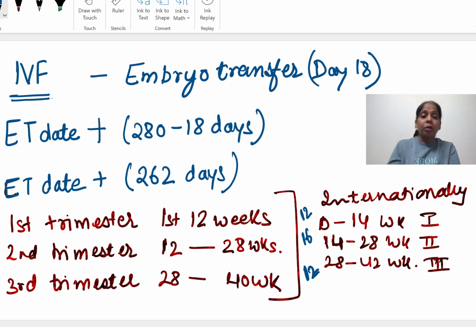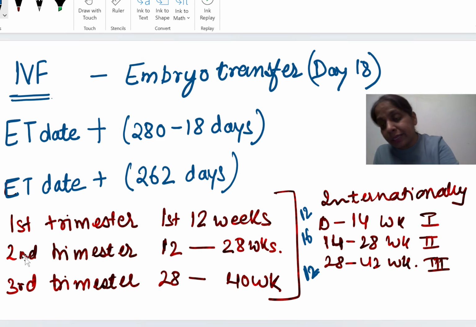Because in the other option it was given that EDD is calculated from the last day of the LMP, which is totally wrong. In that question we had to mark what is wrong. EDD has to be calculated from the first day of LMP. That is why we marked it, because the word approximately 14 weeks was also given. I hope you understand.